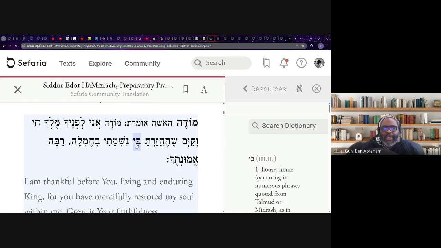B. And then we have the next word, which is nishmati. Again, we have a complete chirik. Nishmati, which means my soul. B actually means in Hebrew, in my soul. Neshamati.